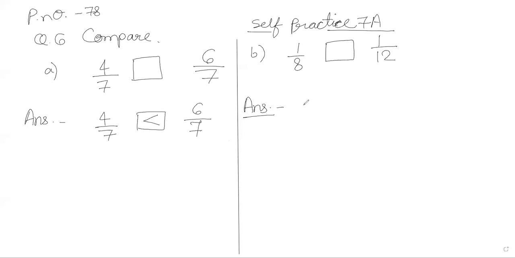First of all, make the denominators equal. One denominator is 8, another denominator is 12. You can use multiplication or division to make the denominators equal.